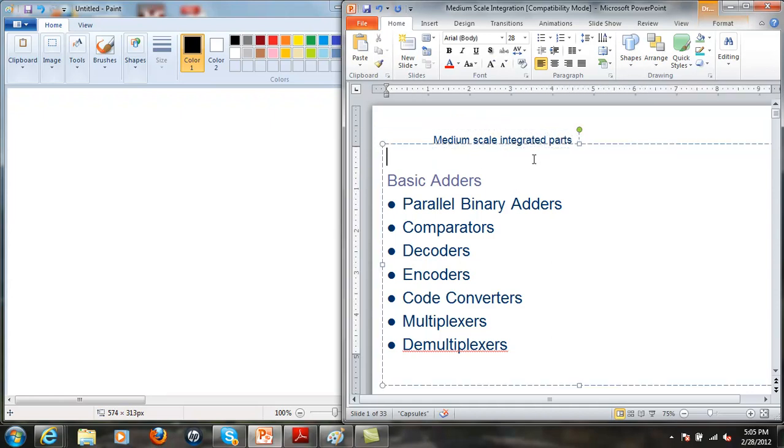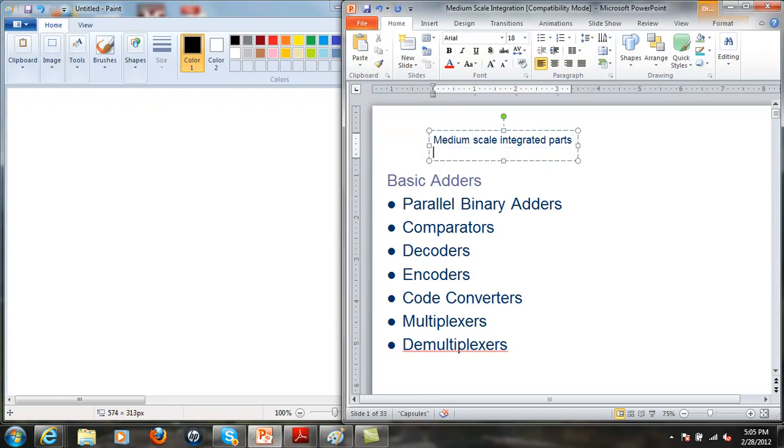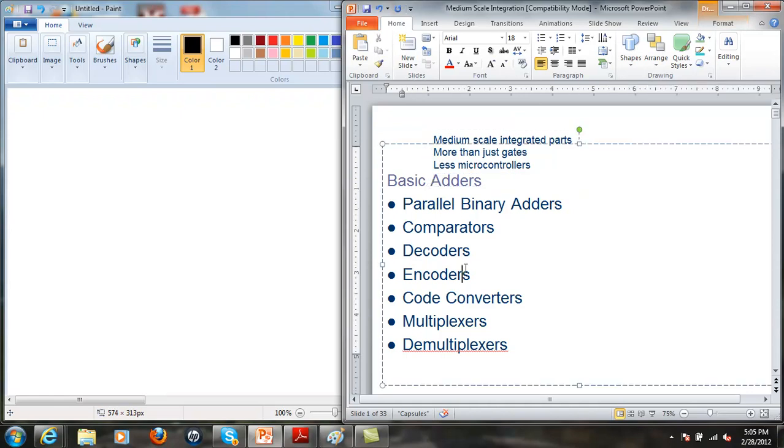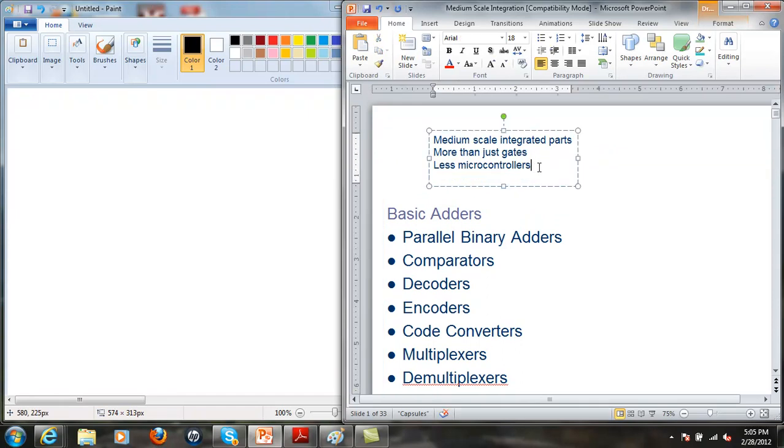These are chips that have some higher level function than just gates, but they're less than microcontrollers or something like that. They have specific applications, and we're going to go over them.